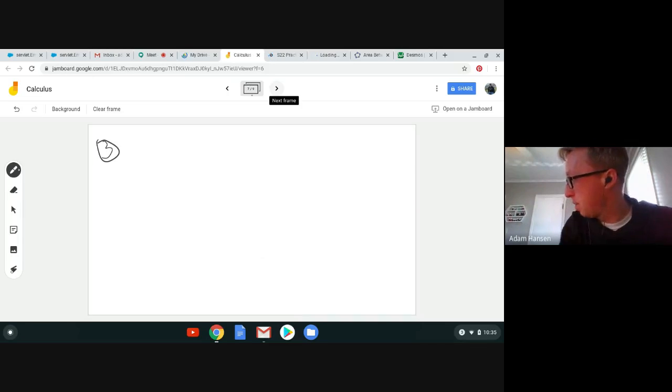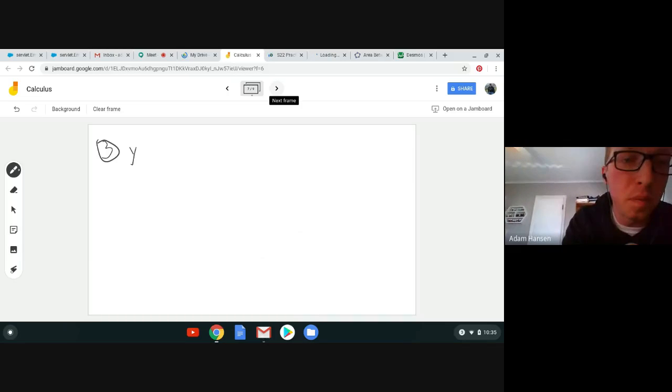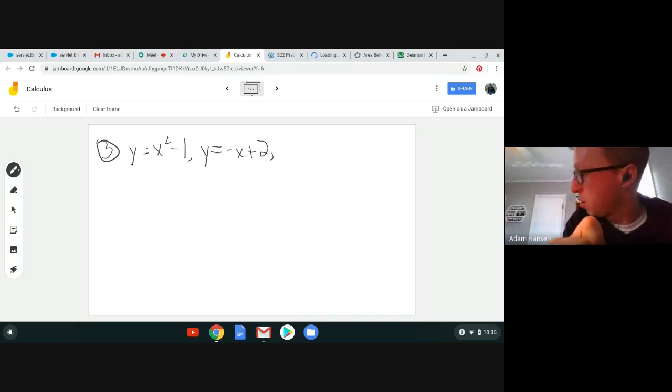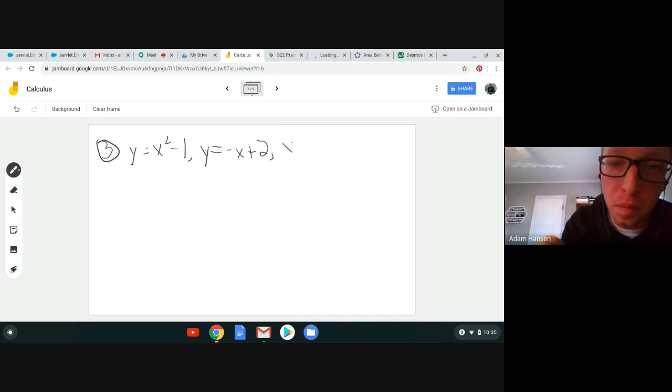Find the area between these two curves, y equals x squared minus 1 and y equals negative x plus 2, x equals 0 and x equals 1.